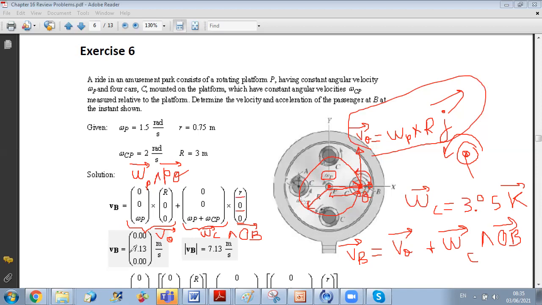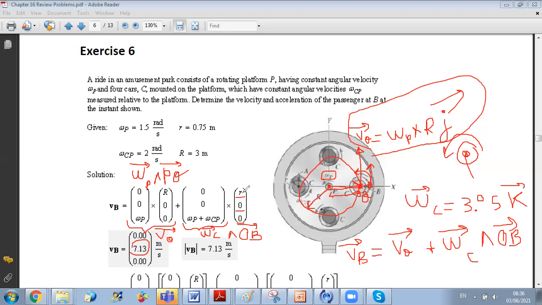Here, from the result, it's clear that VB is only about j, and you can expect this because VO is vertical, and also the relative velocity of B with respect to O is vertical. And B is rotating with respect to O. So now you will add two vertical vectors, which will give you a vertical component along j.